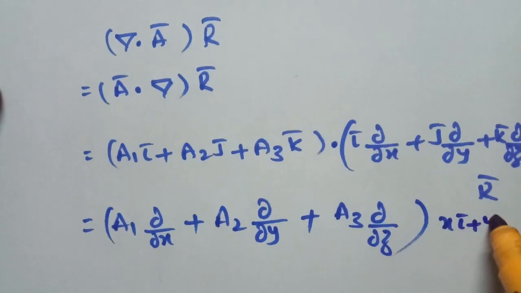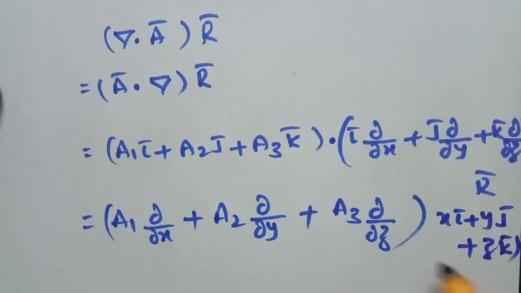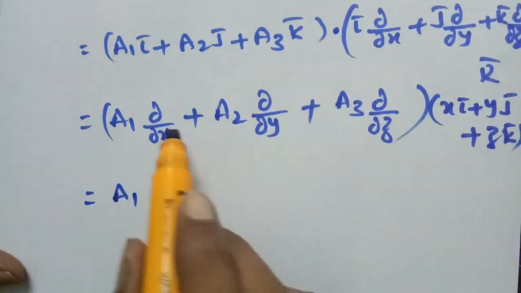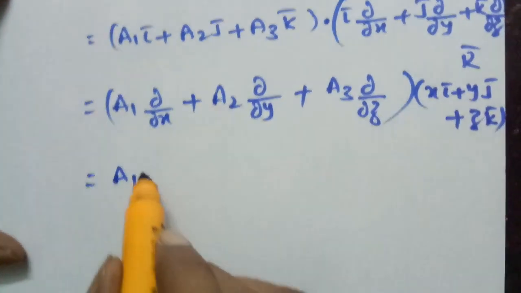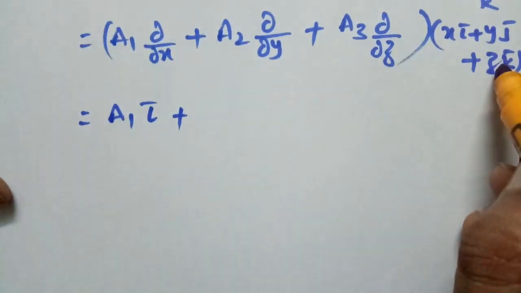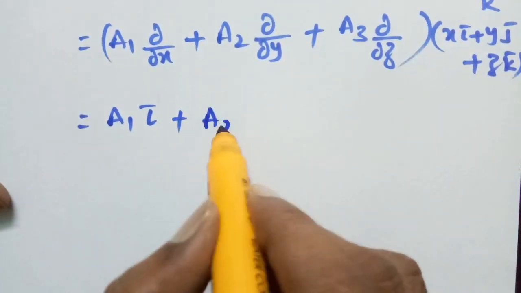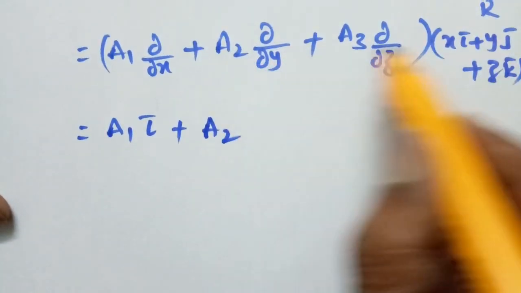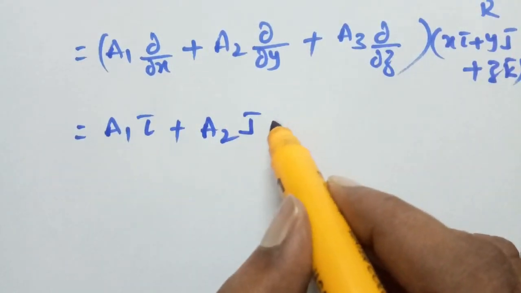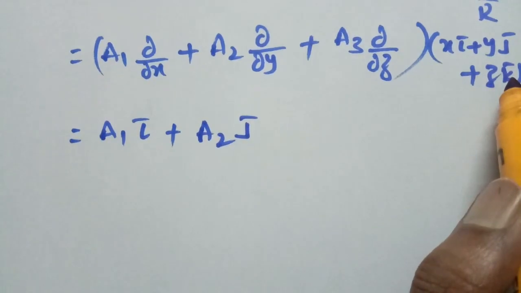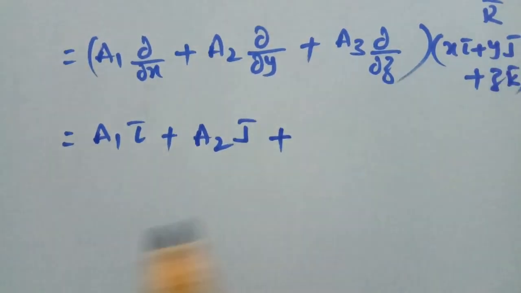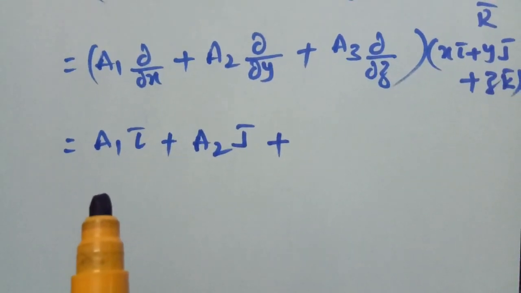r bar means x i bar plus y j bar plus z k bar. Therefore, this can be written as a1 dou by dou x of x i bar, that means i bar, a1 into dou by dou x of y j bar 0, a1 into dou by dou x of z k bar 0, a2 into dou by dou y of x i bar 0, a2 into dou by dou y of y j bar, that is j bar, since y derivative is 1, a2 into dou by dou y of z k bar, both are constants, 0, plus a3 dou by dou z of x i bar 0, y j bar is also 0.